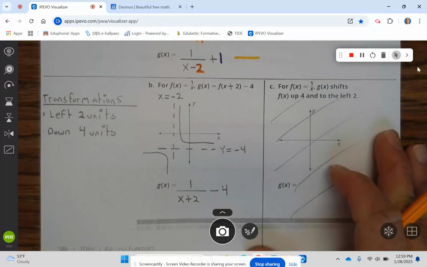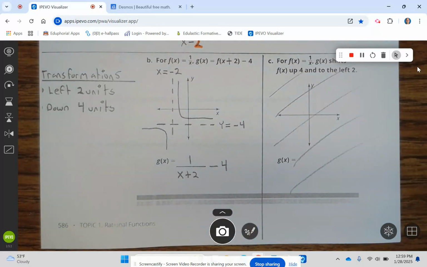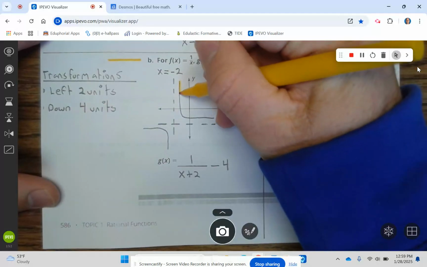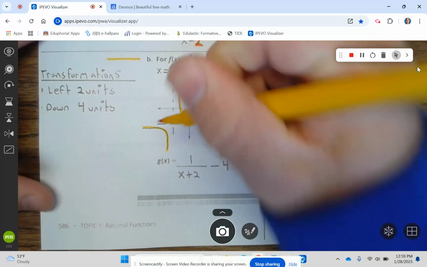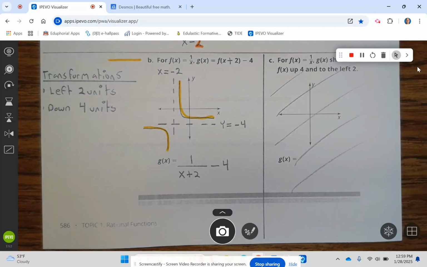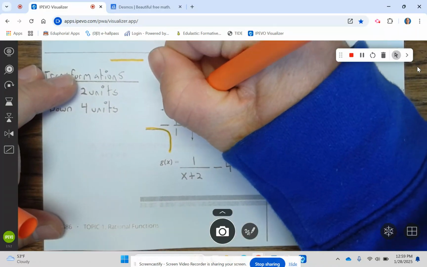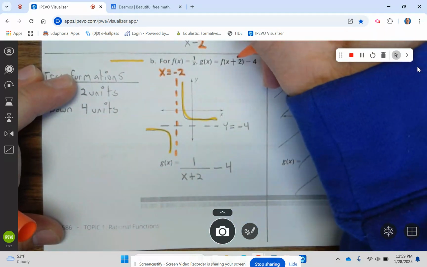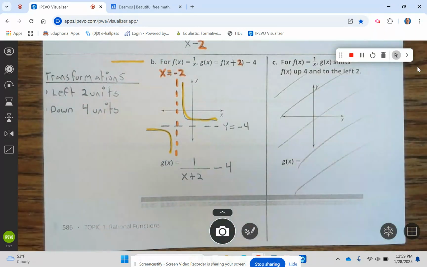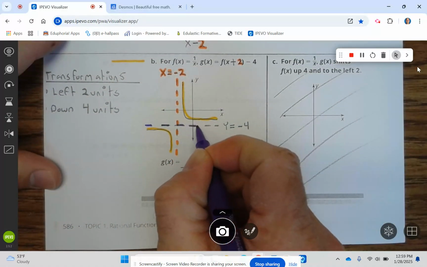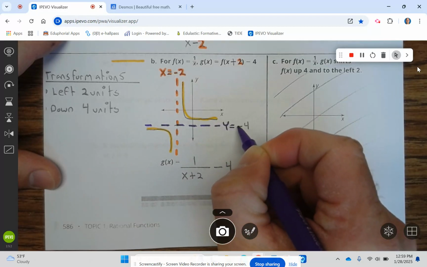Let's take a look at B. When the function is f of x plus 2, minus 4, let's graph that in yellow. You have a vertical asymptote at x equals negative 2, and a horizontal asymptote at y equals negative 4.